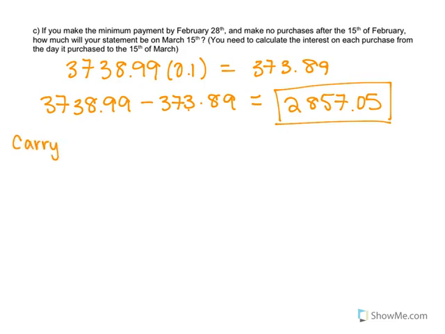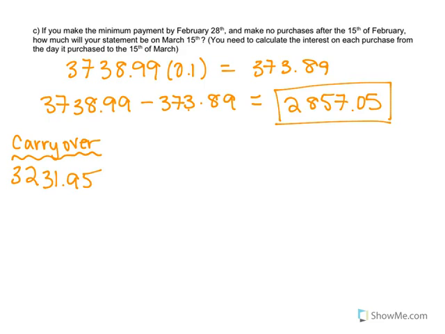So the first is the carryover. So this is that amount that we were paying from before. So that's from part A. That's the $3,231.95. That's all that carryover that we've been calculating interest on forever.